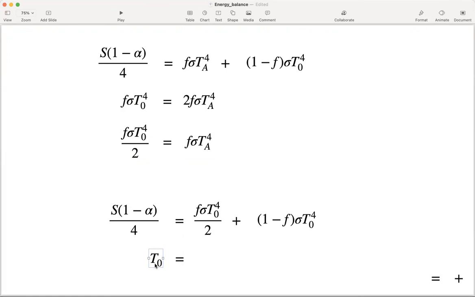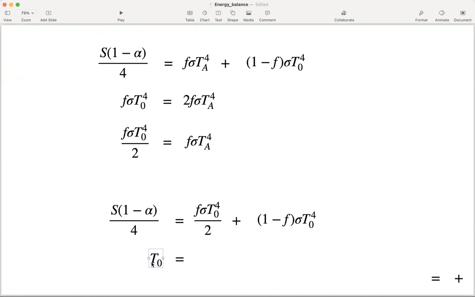And then you're able to chart those values. So on the x-axis, where you have your independent variable, you will have your values of F from 0 to 1, and then on the y-axis, you will have your dependent variable, which is Earth's temperature at the surface, this T naught, right?